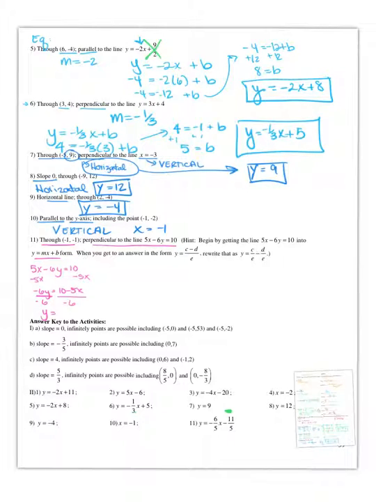So we get y alone, and we have -10/6 plus 5/6x. Now that we've done this, we can see the slope is 5/6.